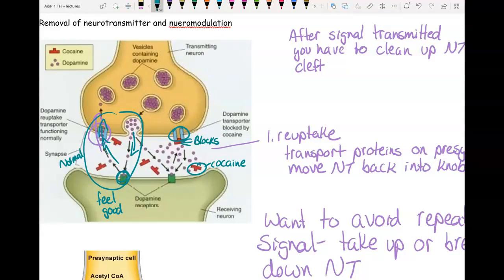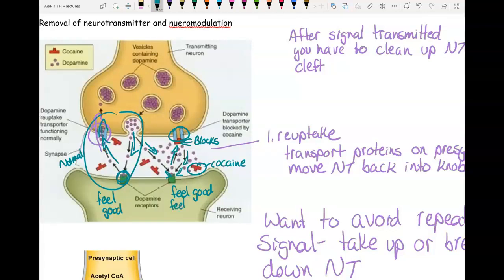If you have cocaine, you release the dopamine, it binds, you get that feel-good signal. And then when the dopamine goes to go back, its way is blocked. It can't get back in to the synaptic knob. So then it bounces back and it binds again.